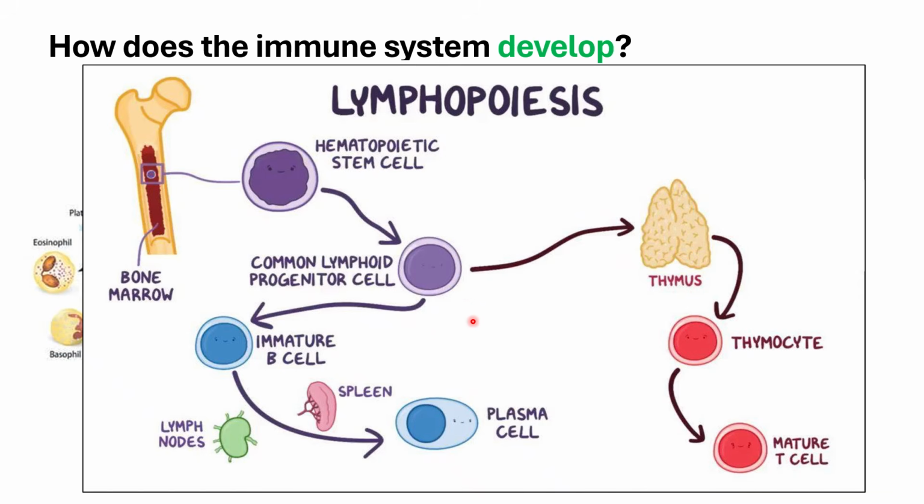These lymphoid progenitor cells will actually go to your thymus as well as other organs, where they will further develop into more specialized versions.